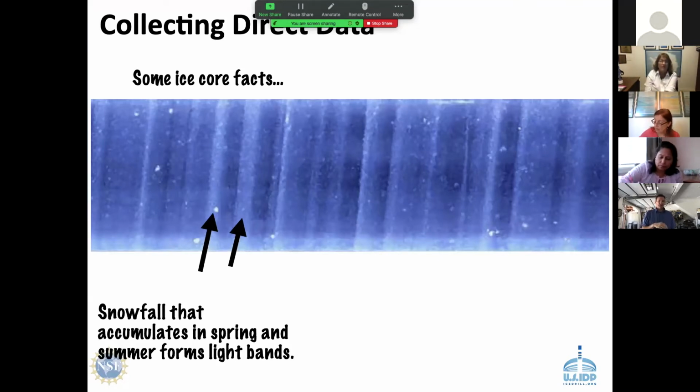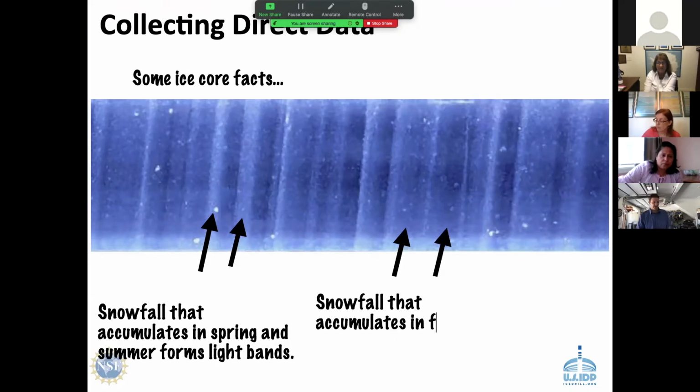And this is a lot like the tree rings. Anytime that the snow is falling in the spring and summer, it forms this kind of light colored bands. And those dark colored bands is all snowfall that's accumulating in the winter.